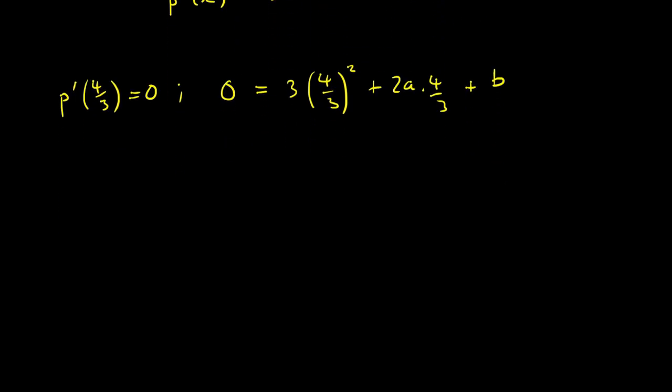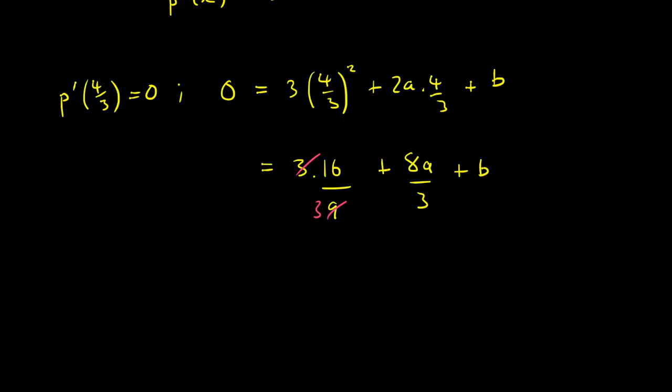So let's simplify that. That's going to be 3 times 4 squared, which is 16, divided by 3 squared, which is 9, plus 2a times 4, which is 8a upon 3, plus b. Okay, we can cancel a little bit, dividing top and bottom by 3, which gives us 16 upon 3.